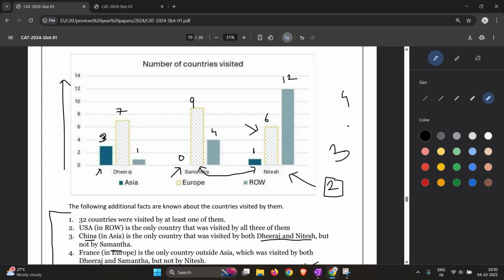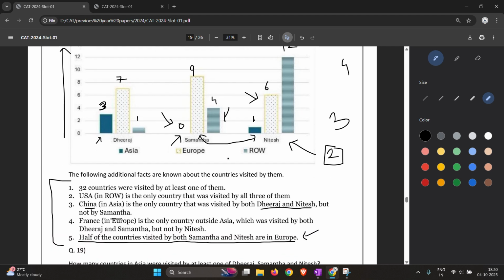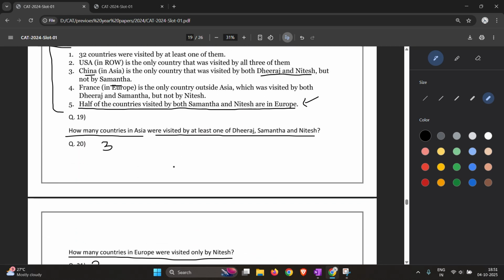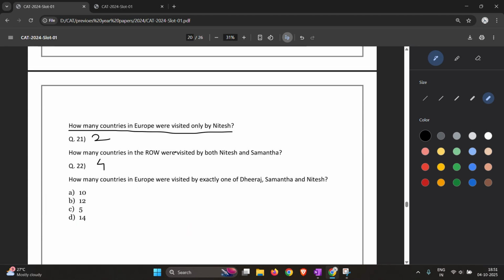So where are the other four countries? Since Samantha has no Asian visits at all, the other four mutual countries are in rest of the world, which is over here. So all of the four countries in the rest of the world which Samantha visited are mutual with Nitish. So yeah, four is the correct answer.